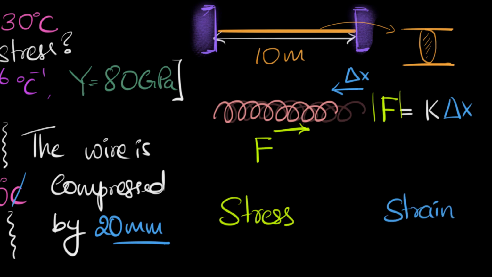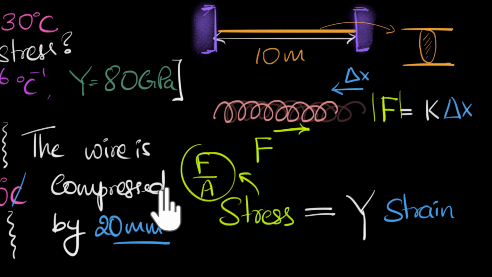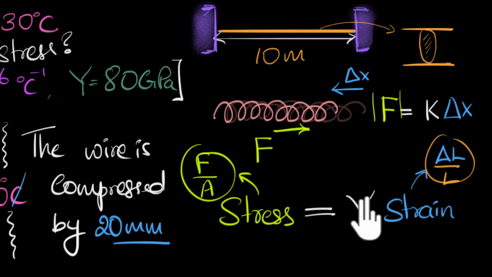And it turns out that even these are proportional to each other, or equal to some constant, and that constant is Young's modulus. All right. So stress is force per area. That's what stress is. And strain is the change in length, or the amount of compression per unit length. And Young's modulus is just a constant for a given material.